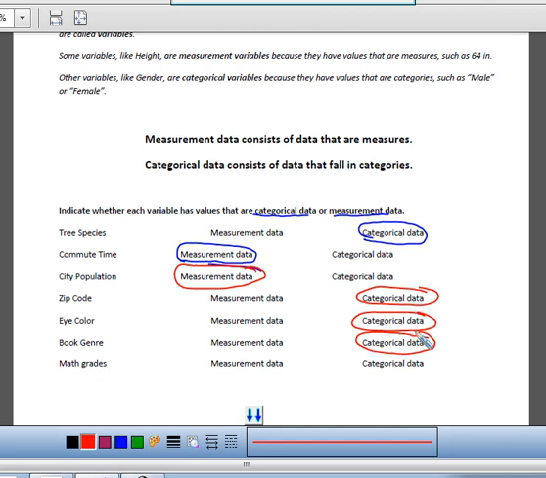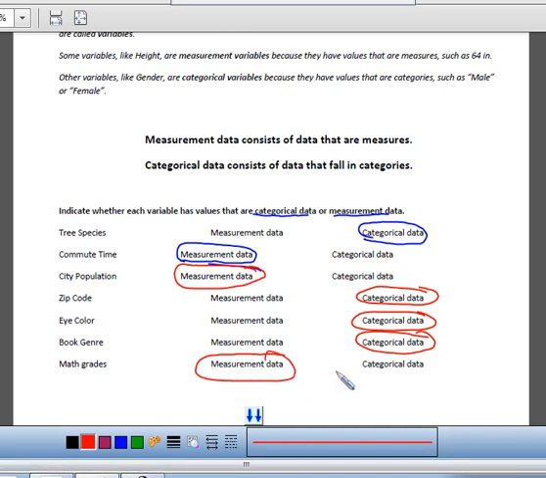Same with eye color. Brown, blue, orange. And then book genre, so that would be like science fiction, fiction, bibliography, novel, I don't know. And then math grades, that is something that is measured.